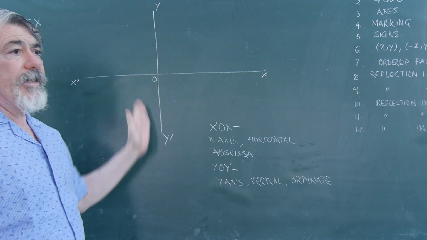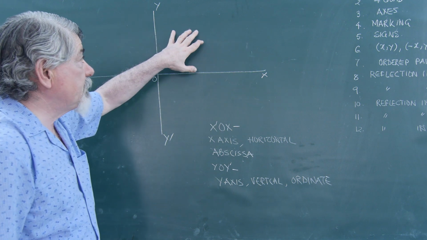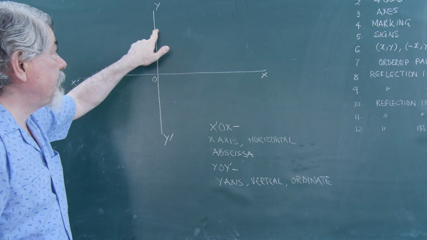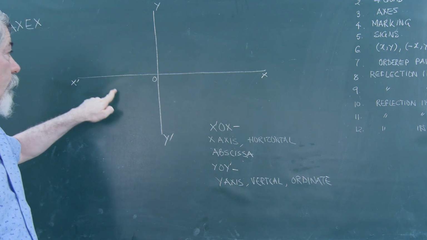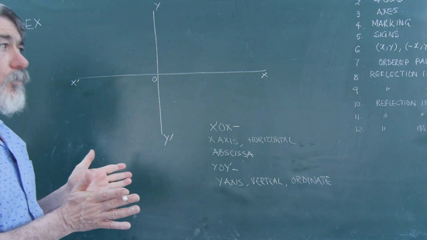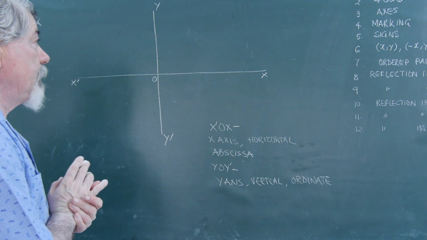These axes divide the whole two-dimensional plane into four quadrants. Why quadrants? Because 0 to 90, 90 to 180, 180 to 270, 270 to 360. Four quadrants.